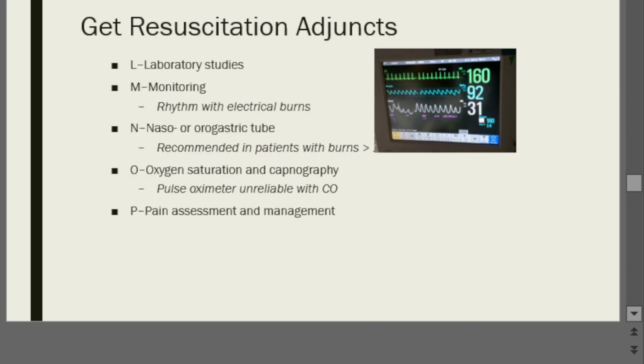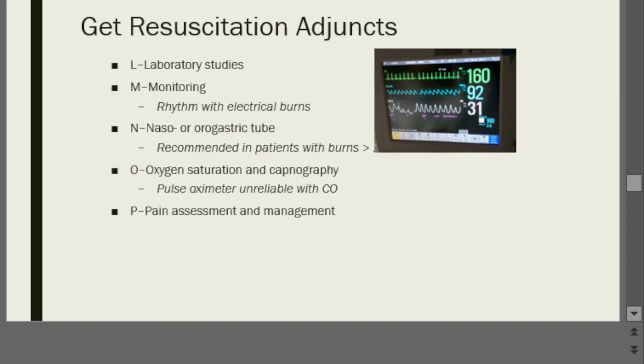We're going to insert a naso- or orogastric tube if the person has been intubated, or if the patient has burns over greater than 20% of their body, because of the high probability of gastric distension, nausea, and vomiting. As far as oxygen saturation and capnography go, with any suspicion of carbon monoxide exposure, we are going to throw that pulse oximeter out the window because it's not going to be reliable.